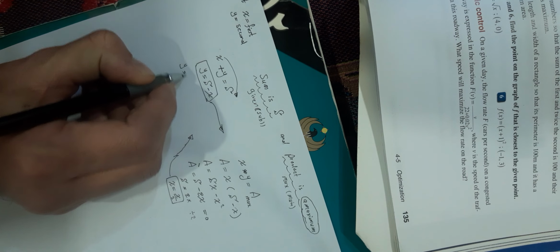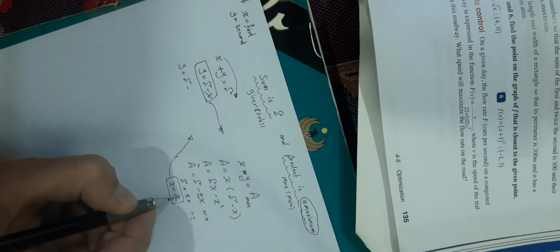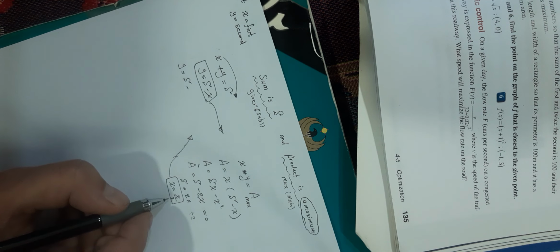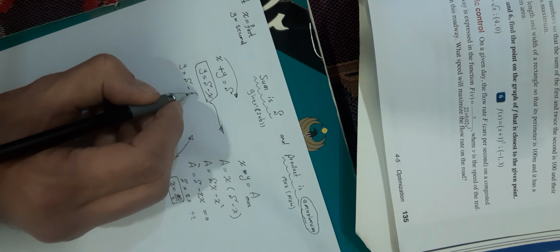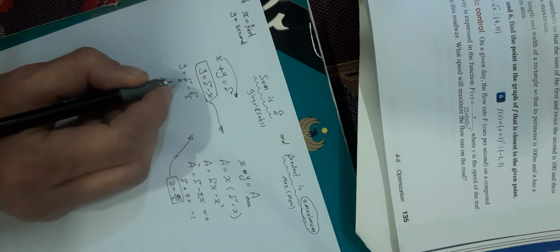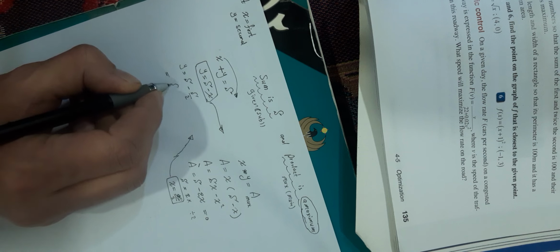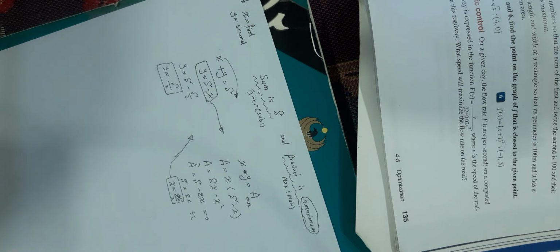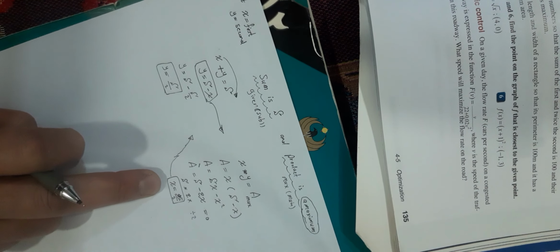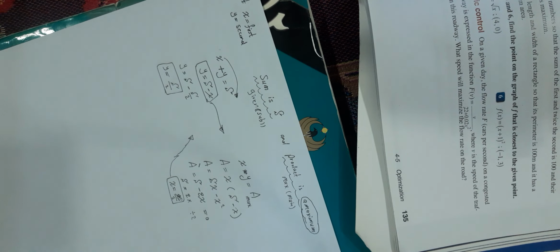So y is equal to s minus x, meaning s minus s over 2. So 2s minus s is also s over 2. So this is the first number and this one is the second number.